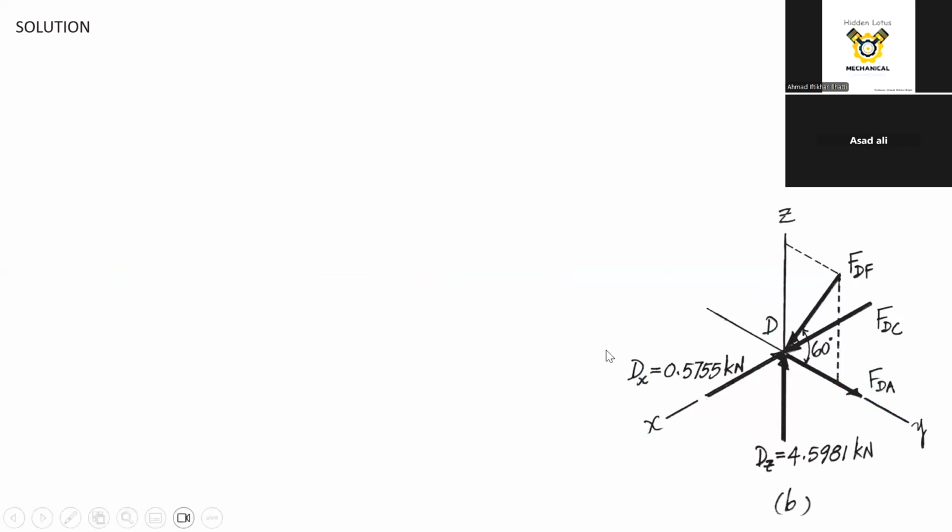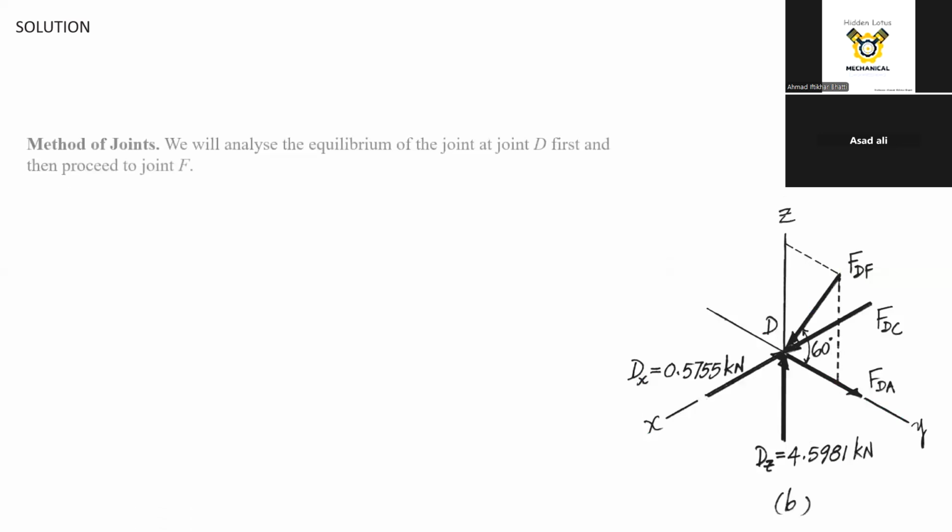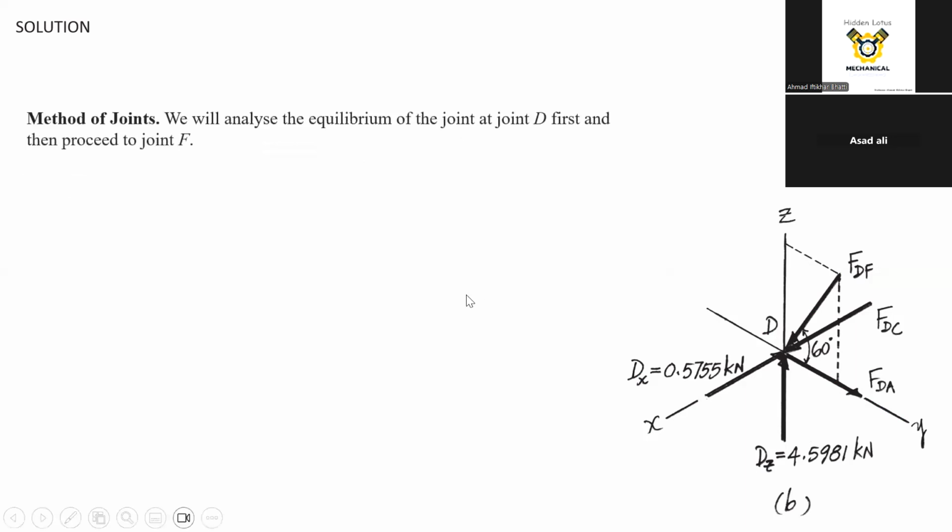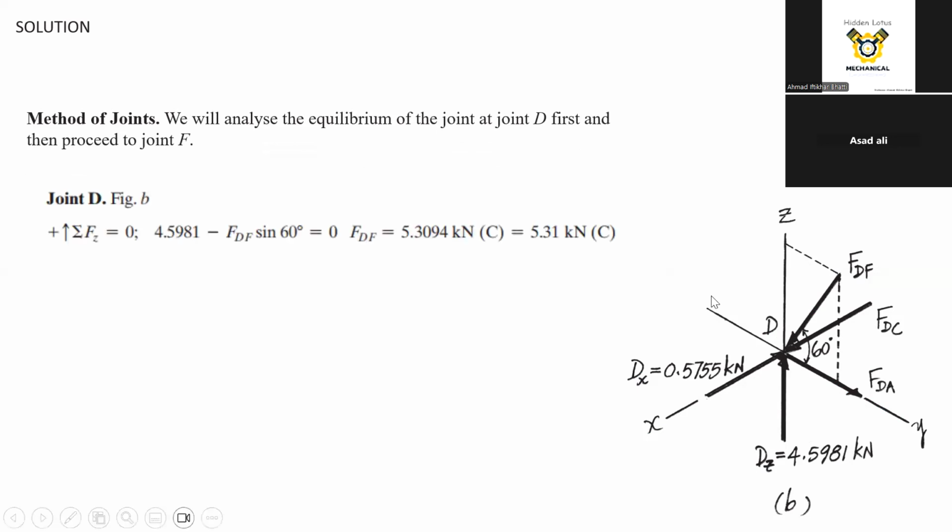Okay, so you see if we take the link D, we can find the force in member DF. And you see this member is neither in the X, Y, or Z axis, so we are using the method of joints. So we can apply forces in the axial direction.